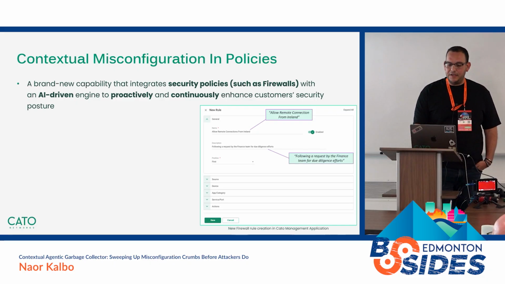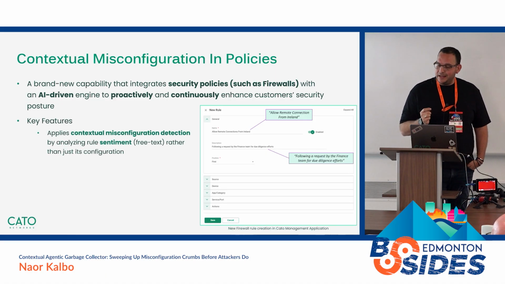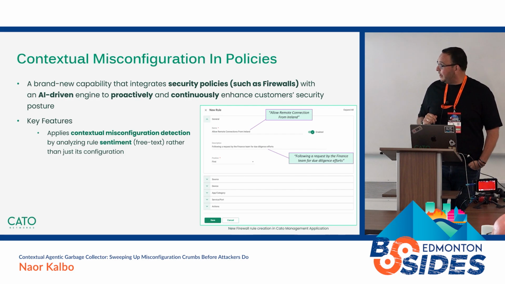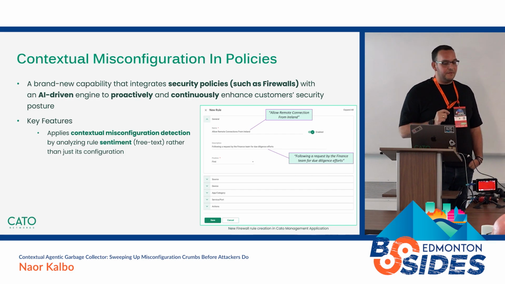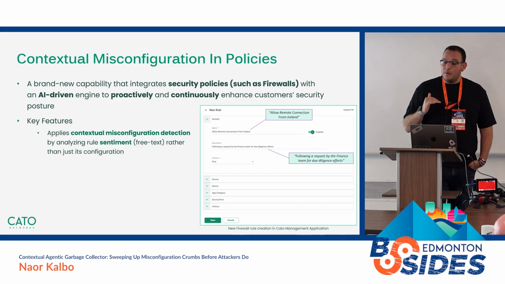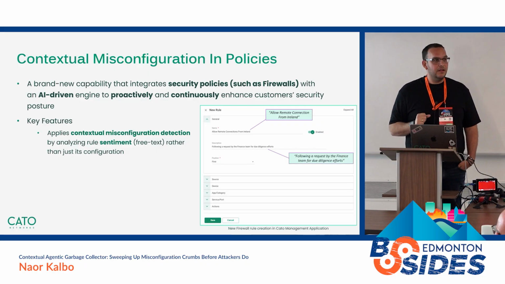So the main features essentially are applying semantic analysis on free text to identify the contextual configuration issues that usually wouldn't be caught by any traditional configuration analysis. Why, you ask yourself?